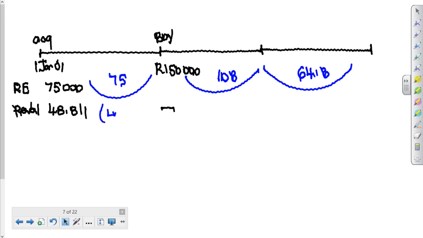This minus 48,811, we're going to remove it off retained earnings, isn't it? Because remember, we said it's an adjustment to retained earnings. Do you agree? Because it's profit that's sitting in retained earnings that shouldn't be there because it was sold somewhere June, of 02. So what's this net number?